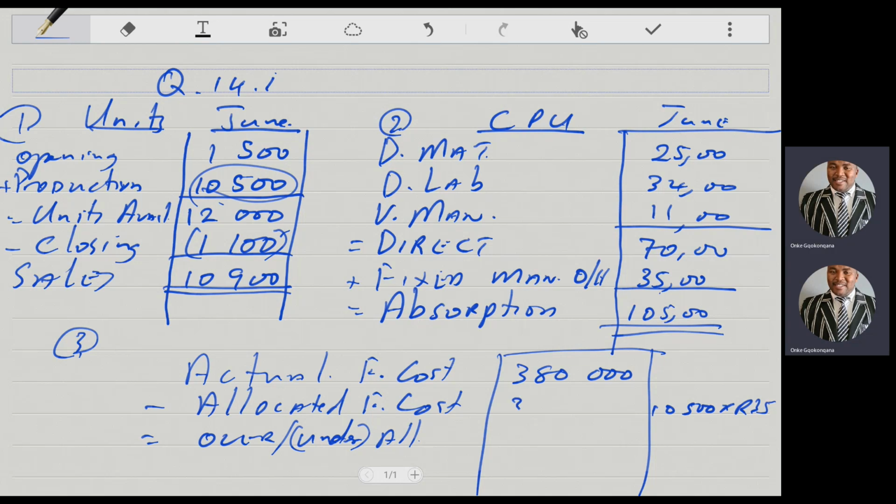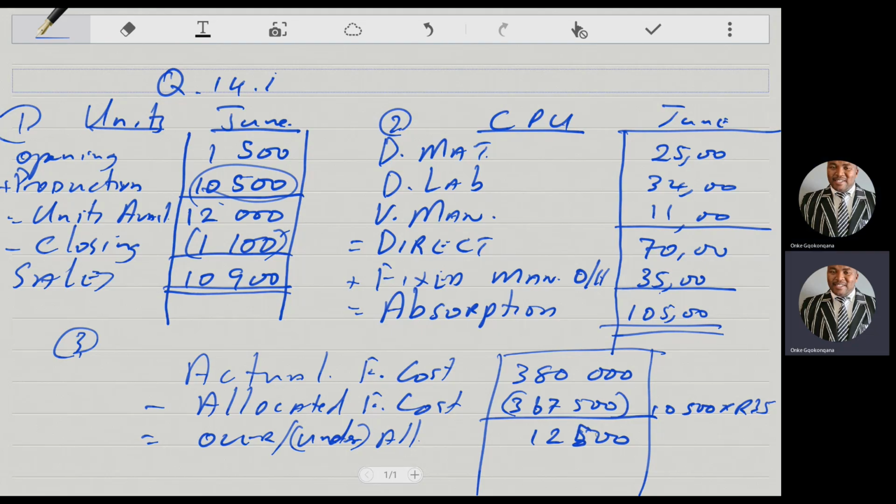And it gives us 367,500. And you say 380,000 minus 367,500. The difference is 12,500. And it's quite clear that this is an underallocated amount.